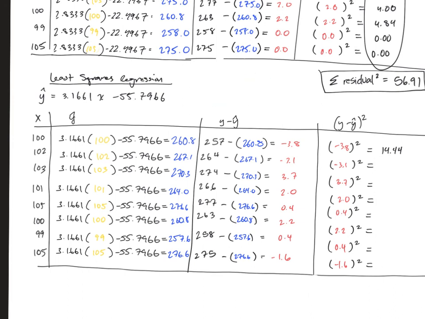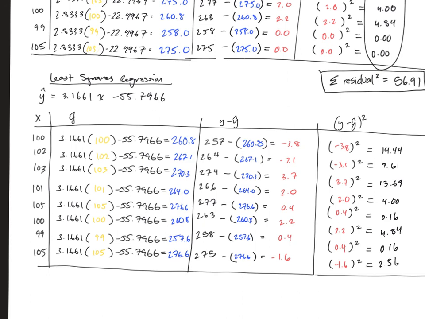Okay, let's keep calculating this out. 14.4, so 9.61, 13.69, 4.0, 0.16, 4.84, 0.16, and 2.56. All right, why are we doing this?